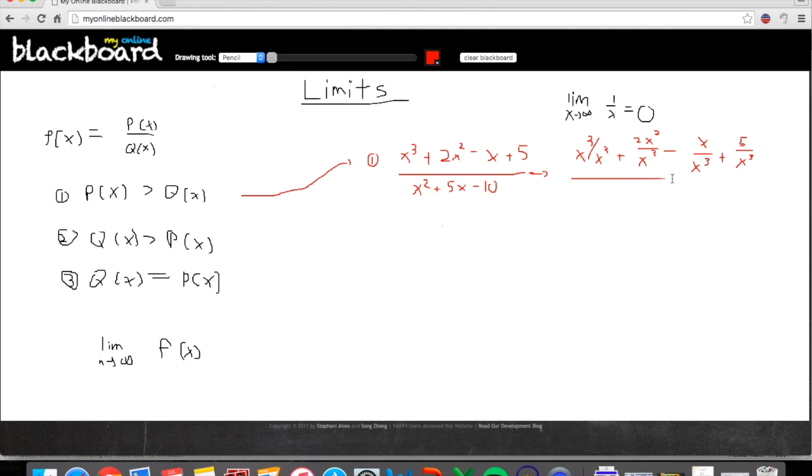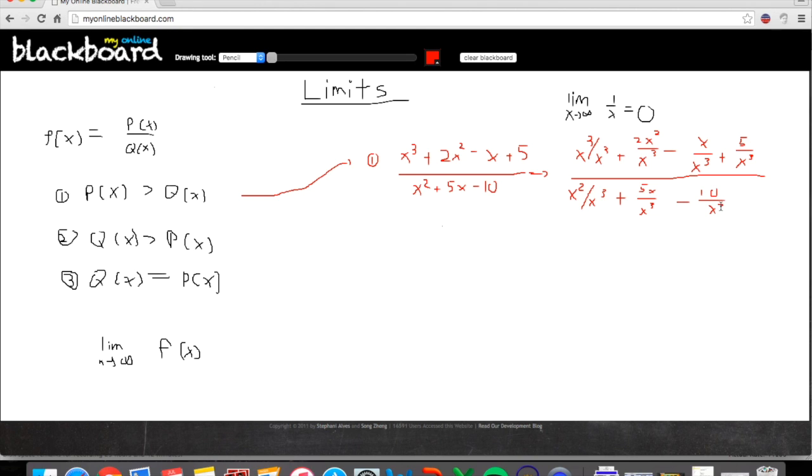In the denominator, we have x squared over x cubed plus 5x over x cubed minus 10 over x cubed.